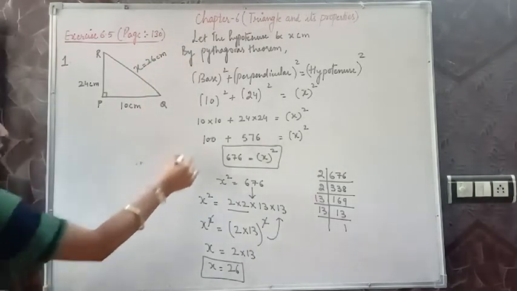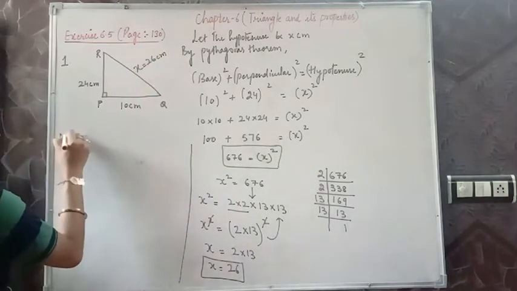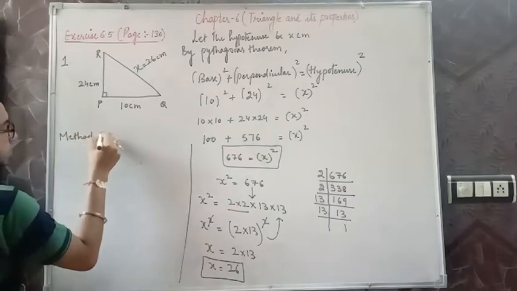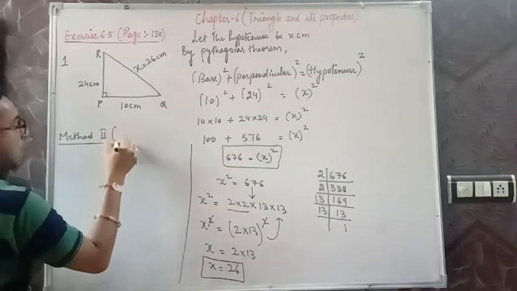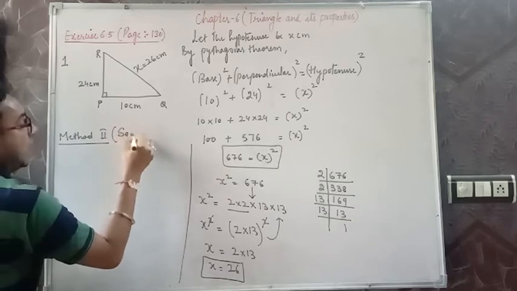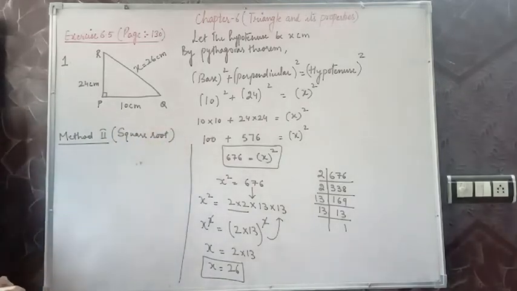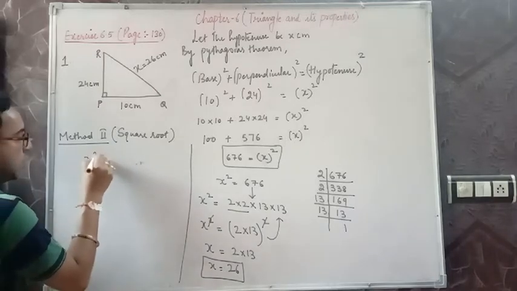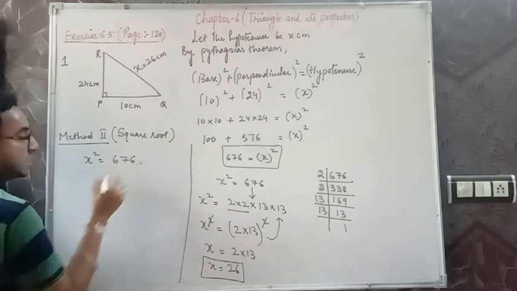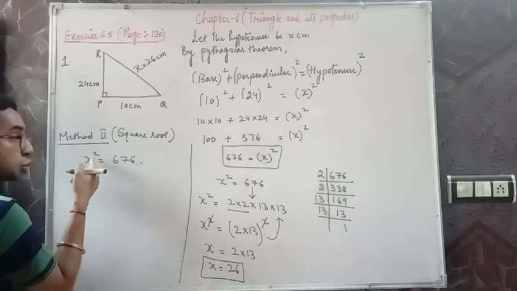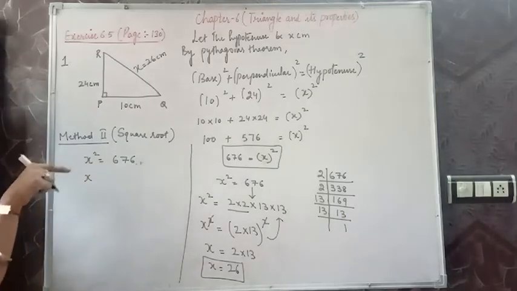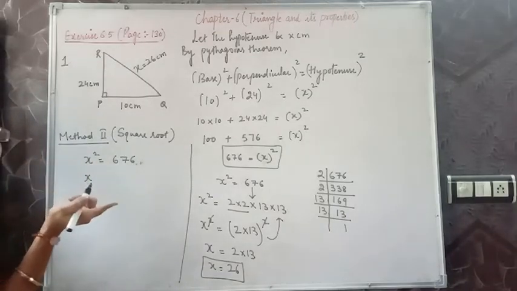Clear? Another method of solving this, method 2, means now I am using the technical term which is known as square root, which you will study in class 8. Here I have written x square is equal to 676. Now here the power is 2. Like in transposition, plus sign will become minus, multiply will become divide.